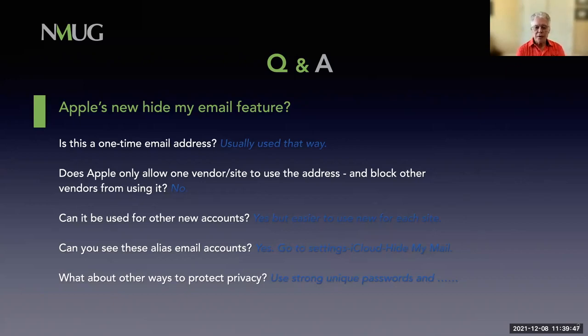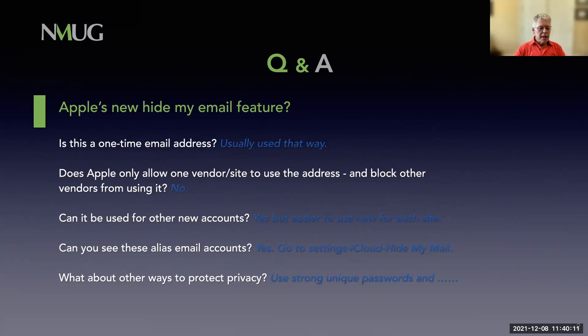All this does is create an alias email address so that they don't see or get access to your real email address. But when they respond to this alias email address, it will go to your iCloud email. And this is an iCloud email feature only.